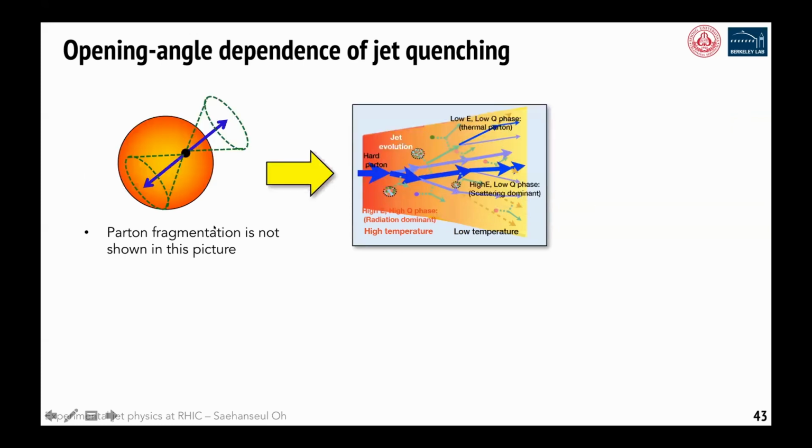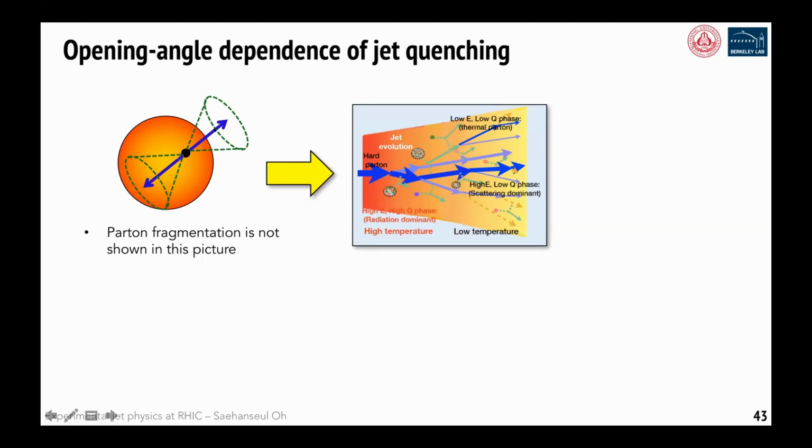In this picture that I showed earlier, I showed the 2 back-to-back hard scattered partons, and I made a circle to specify that we reconstruct jets around this hard scattered parton. The parton fragmentation is not really shown in this picture.